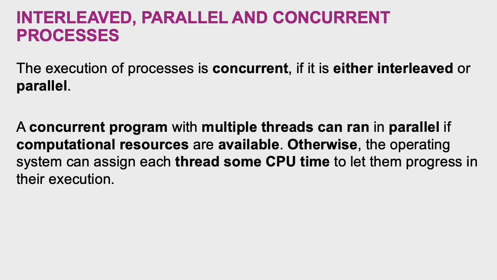We can finally discuss concurrency. The execution of processes is concurrent if it is either interleaved or parallel. A concurrent program with multiple threads can run in parallel if computational resources are available, where computational resources means CPUs or CPU cores. Otherwise, the operating system can assign each thread some CPU time to let them progress in their execution.